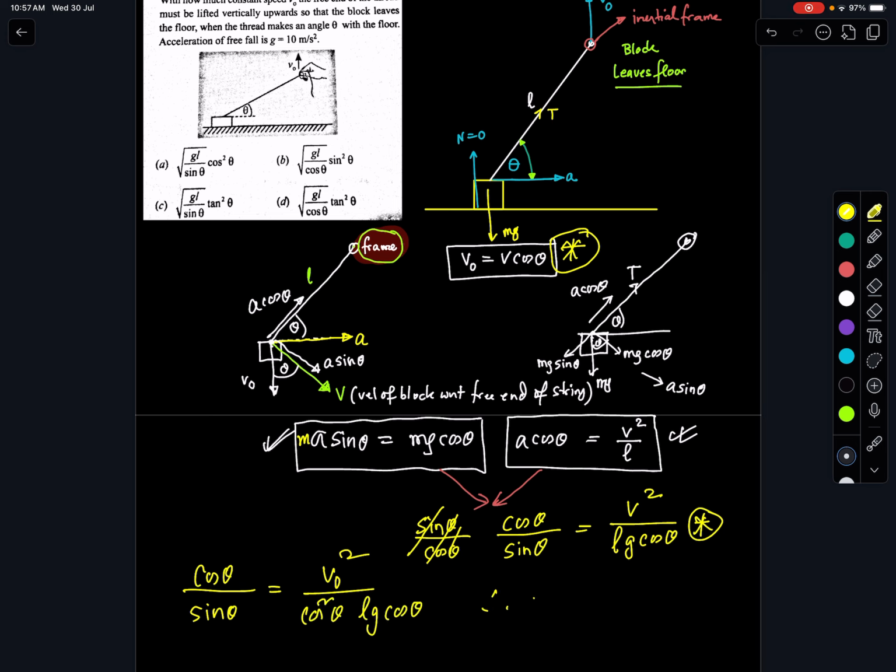Therefore v naught is equal to cos square theta times the square root of gL divided by sine theta. So that's the answer, that is the solution.